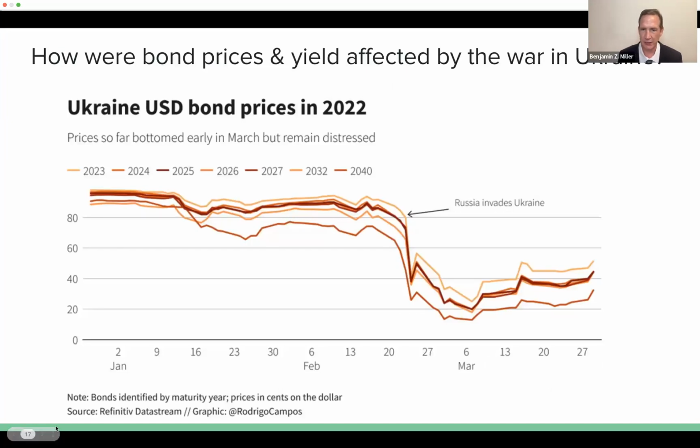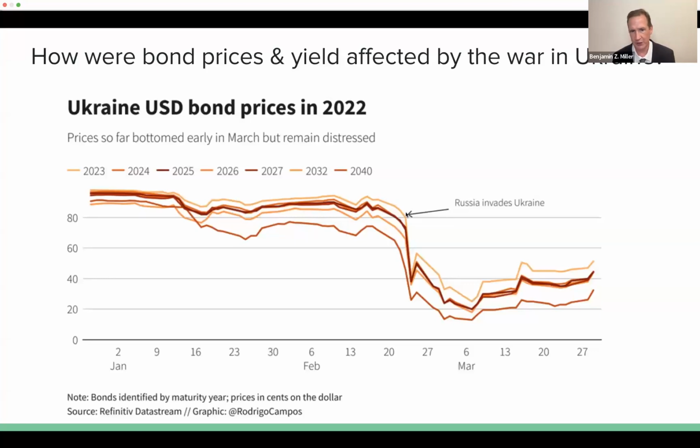Here's an interesting graph that shows the bond price in the year 2022 when Russia invaded Ukraine, that wicked invasion. So on February 24th, Russia invaded Ukraine, and you can see here the Ukraine USD bond. So this is a bond denominated in US dollars. It was trading at around par, a little bit of a discount to par back before the invasion.